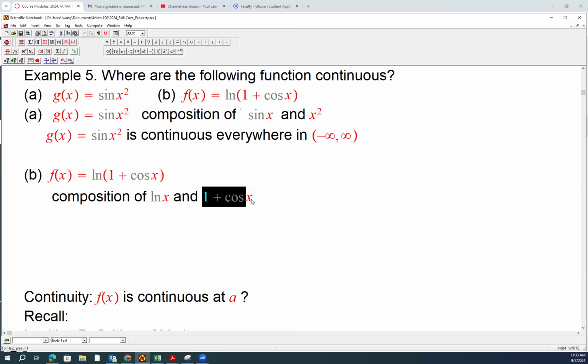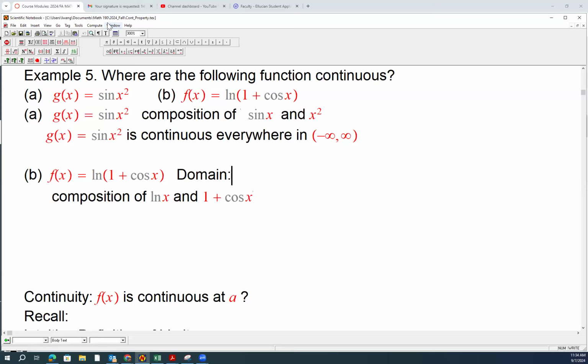So 1 plus cosine x is continuous everywhere in real numbers. ln x, however, is continuous for x positive, right? So we need to figure out the domain for this function. Let's see, what is the domain of this function?